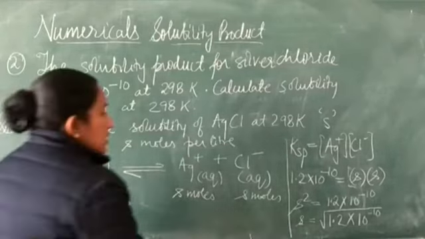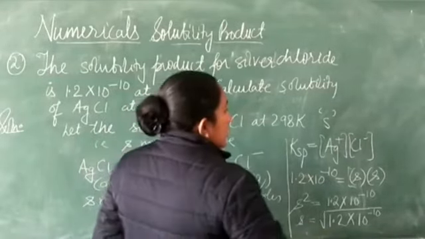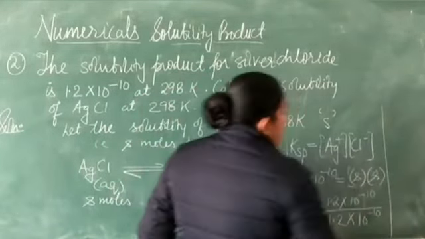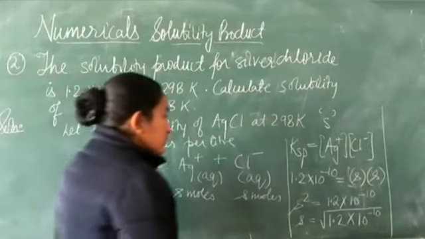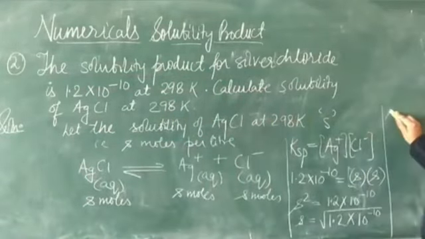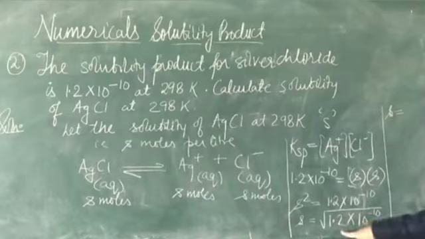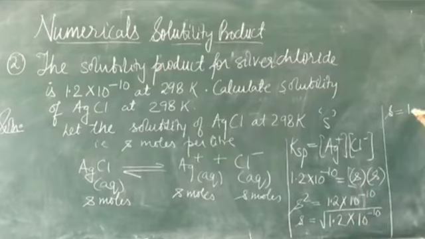When you solve it out, students, we get S equal to 0 point something, so it is coming to about 1 into 10 raised to power minus 5 moles per liter.